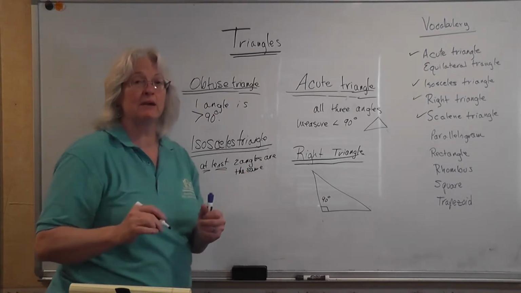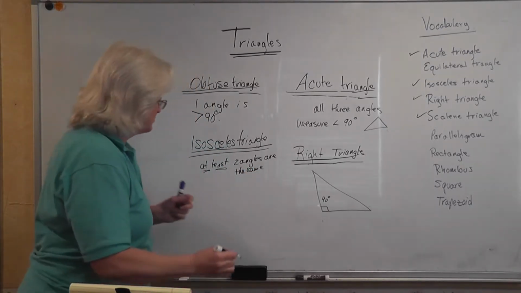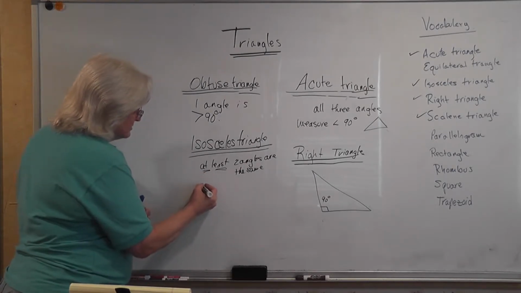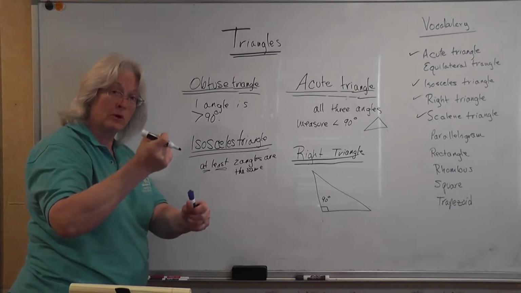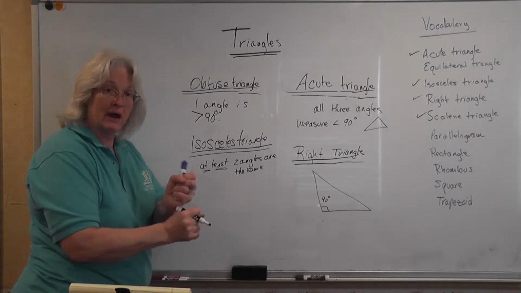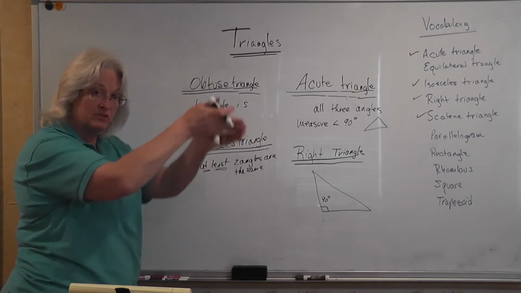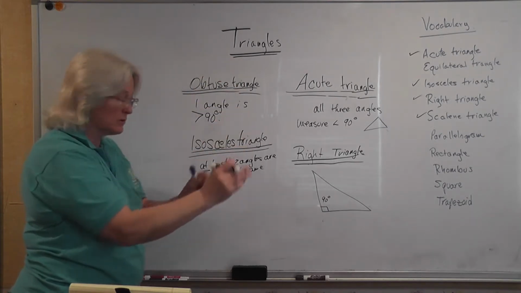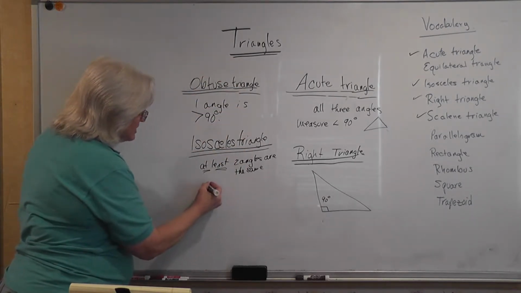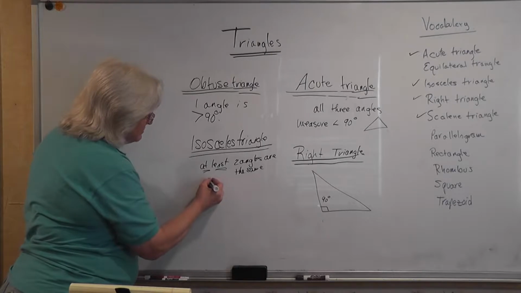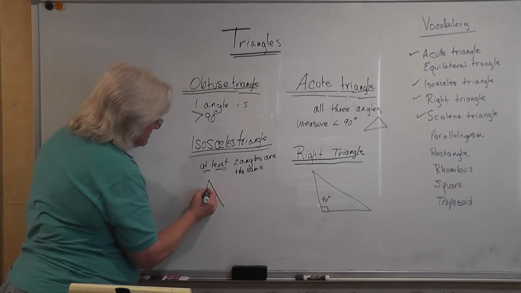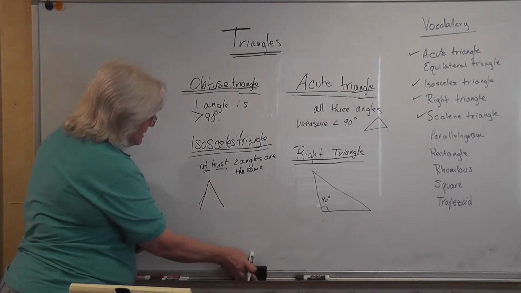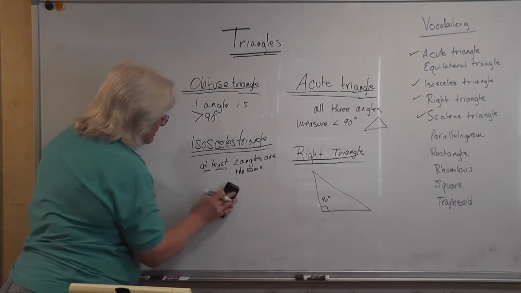A good example of an isosceles triangle is the one that you're used to seeing. It's sort of like if you take the waffle cone at Brahms, the pointy ice cream cones, and you cut it in half in one plane, so you don't see the circle, but you just see the shape of it. Here's my ice cream cone that I'm holding upside down, and I cannot draw it perfectly.